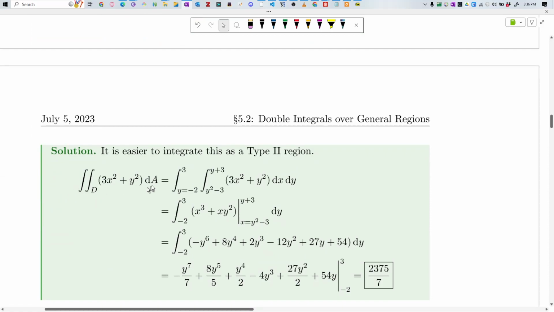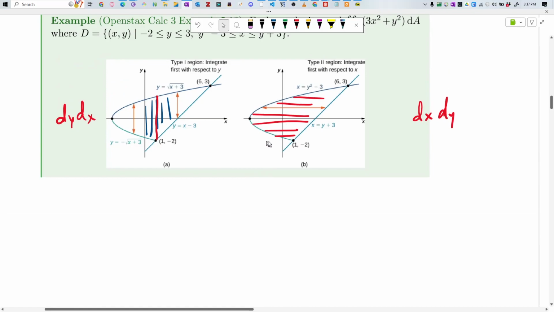So this is the abstract notion of integrating over the entire region D. When we specify an integration order, it becomes something like this. So you'll notice that x goes from the quadratic to the line, which is exactly as we would expect, right?